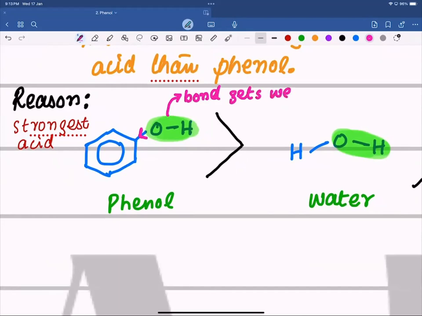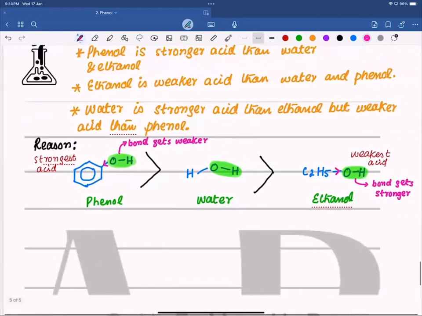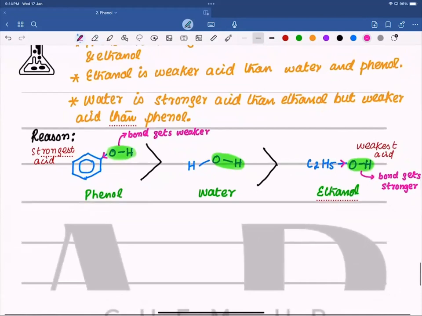As a result of the electron withdrawing nature of the benzene ring, the OH bond in phenol gets weaker than the OH bond in water and ethanol. Therefore, phenol is more likely to release its hydrogen ion in the solution, and as a result there will be a higher concentration of hydrogen ions in the phenol solution as compared to water and ethanol. That makes phenol a stronger acid than water and ethanol. Is this clear?